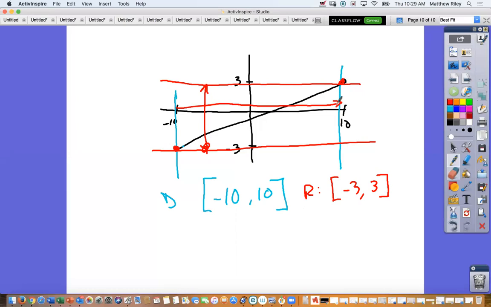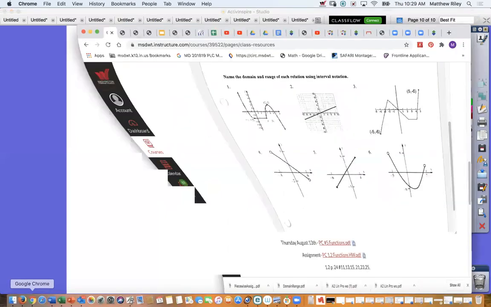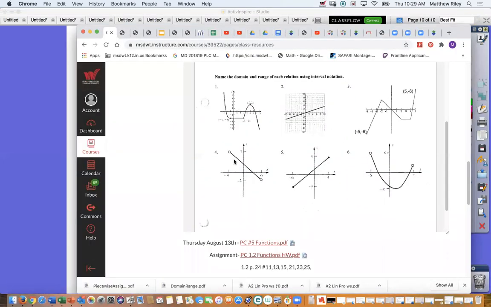Will it always be like the opposite number then? No. So that's a good question, and I'm actually glad you noticed that pattern, but no. So let's look, for instance, at number 4. Okay, so I've got -4, 6, and -2, 7.